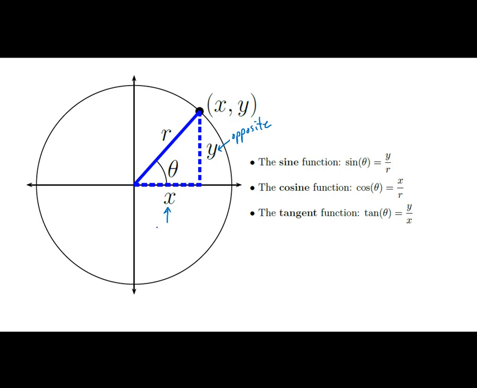The x value here I'm going to rename as the adjacent side, adjacent meaning touching. And then of course the radius forms a side here that is also touching the angle, but the name I'm going to give this as the longer side, or the side that's opposite of the 90-degree angle, is the hypotenuse.